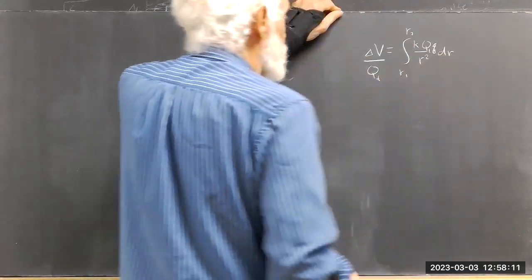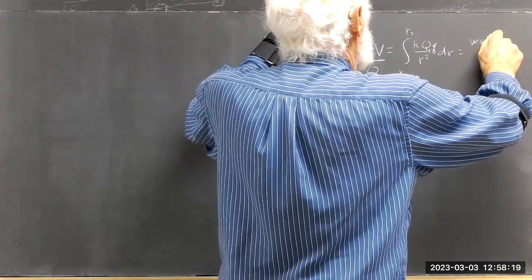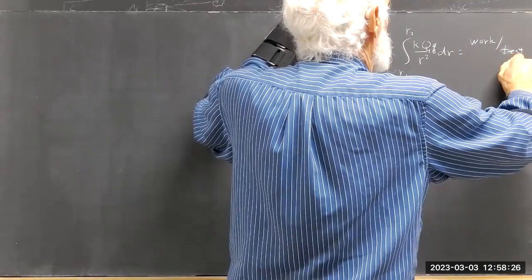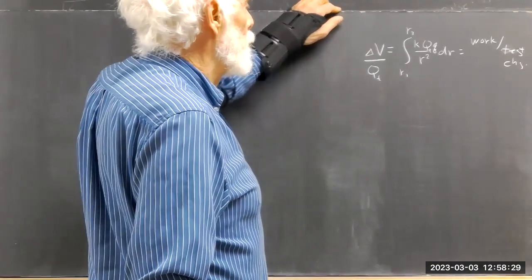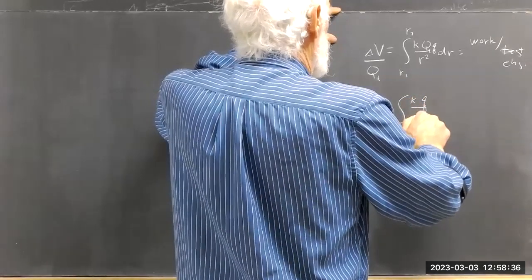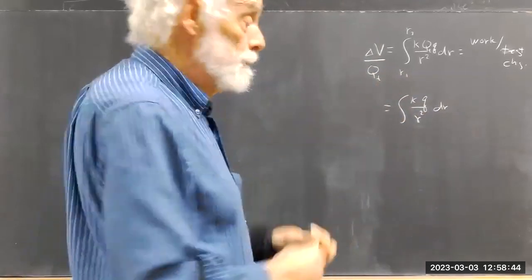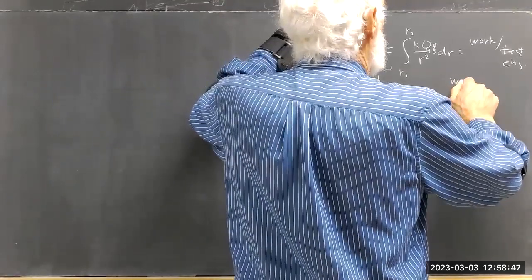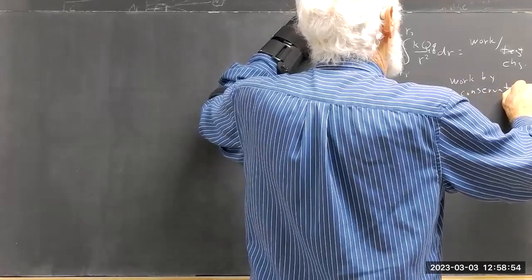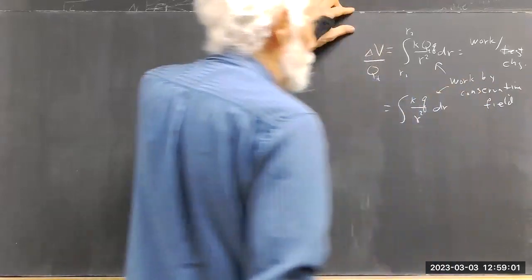Put a T on that, the test charge. Of course, that's the integral of little q over r squared dr. Well, this is the work done by the field. This is a work by a conservative field.